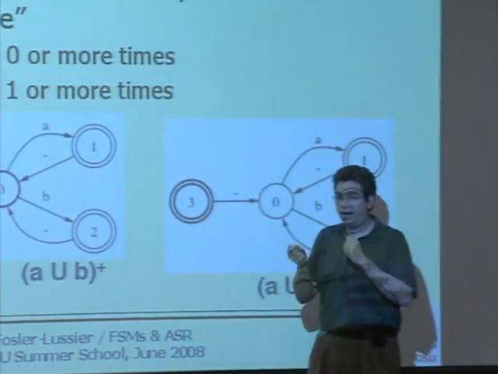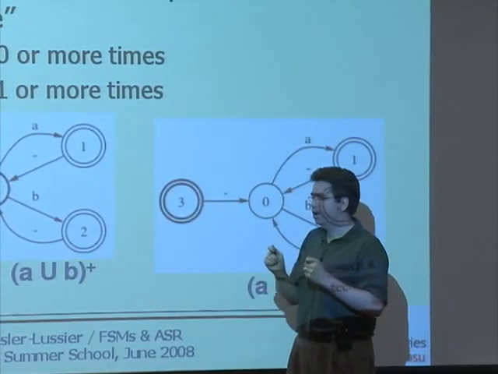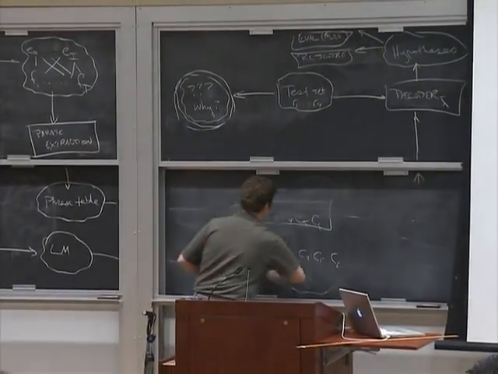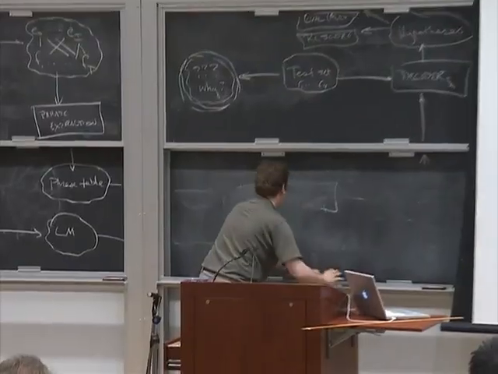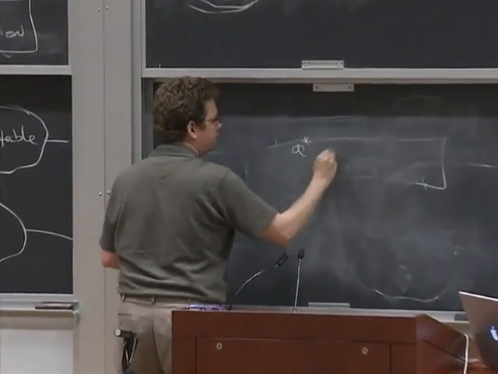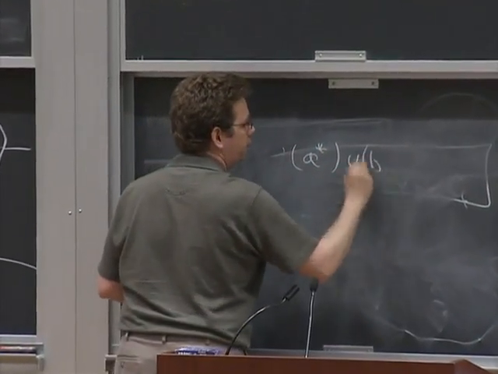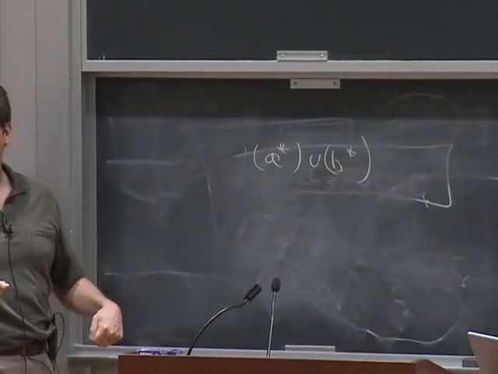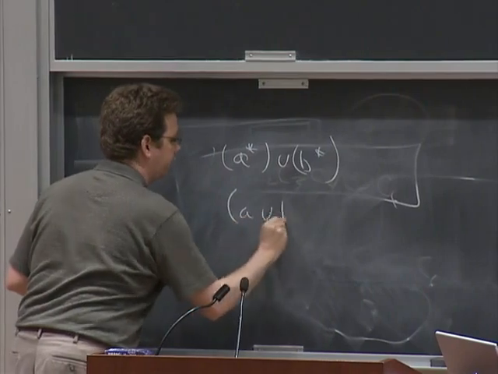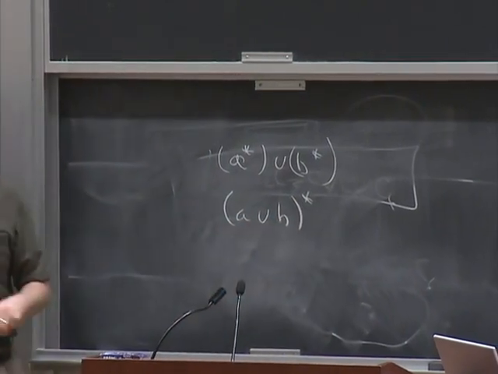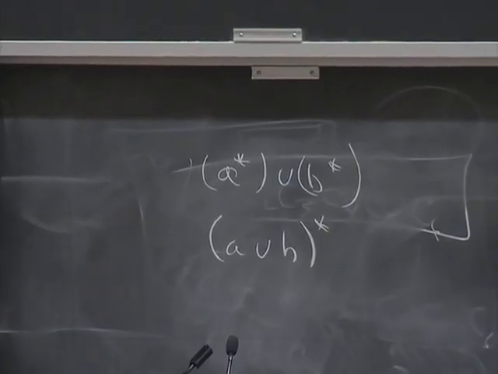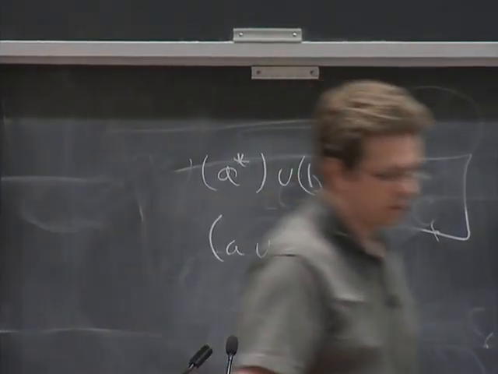And that's one thing that I notice people do when they're writing this: that language would be A star union B star, right? Which is different than A union B star, right? So be careful of the ordering of operations. That's one thing to be aware of when you're doing these things.